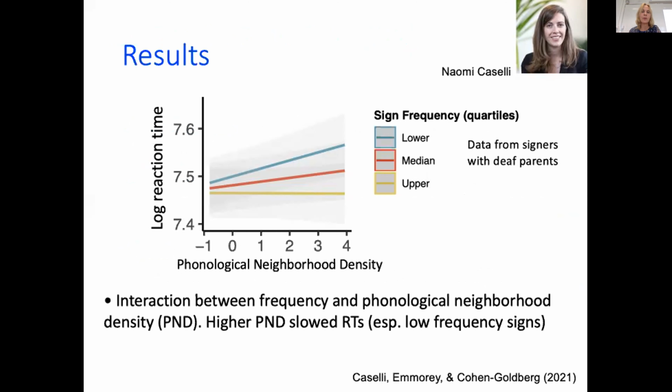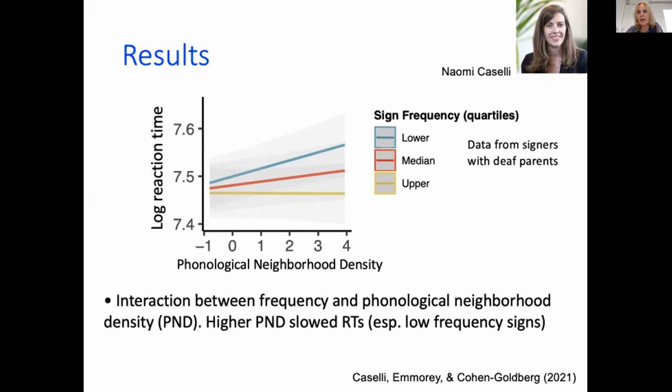Okay, so here's what she found. You see log reaction time on the y-axis, phonological neighborhood density on the x-axis, and you see this very nice interaction between the phonological neighborhood density and frequency, which is exactly what is found for spoken languages. So what you can see is that for the low frequency items, the blue line there, you see a very strong phonological density effect. So the more neighbors, the slower you are, particularly for low frequency items.